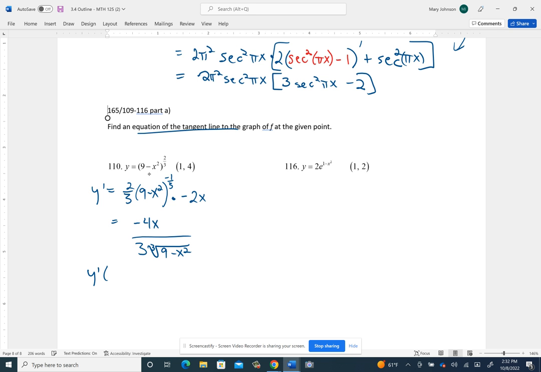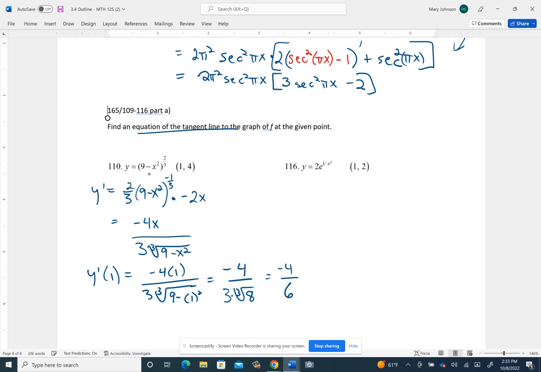Now you need y prime of 1. So you put 1 in for x, and you evaluate that. So you'll get a -4, and then here we'd have 3 times the cube root of 9 minus 1, which would be 8. So that's going to wind up being -4 over 3 times 2, right?